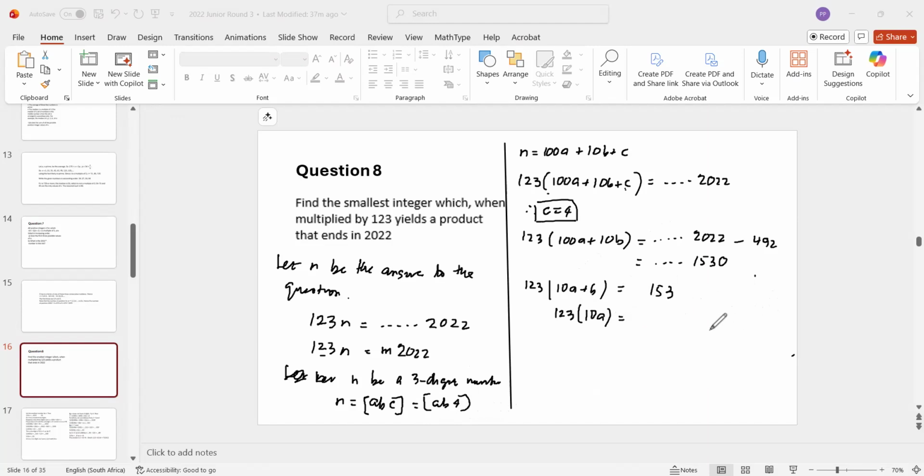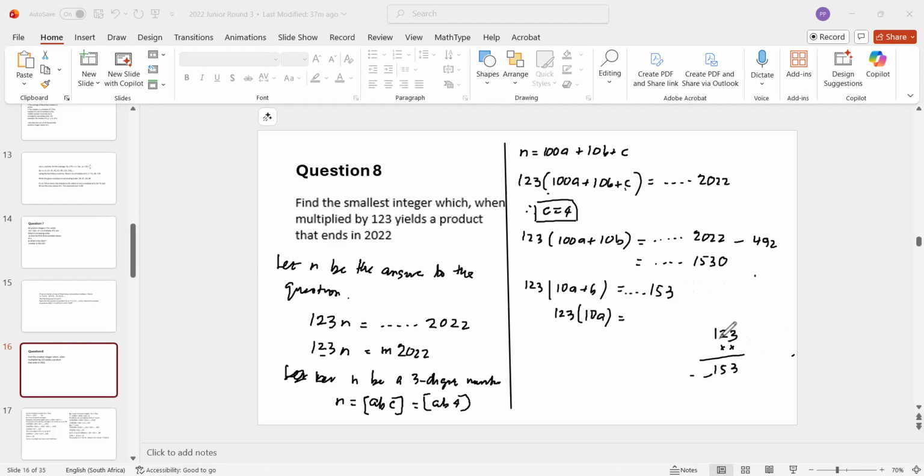Here you got 123 times 10a plus b, which is a 2-digit number, this one. And the last 3 digits are 153. Actually, you got some other stuff in front of the 1.